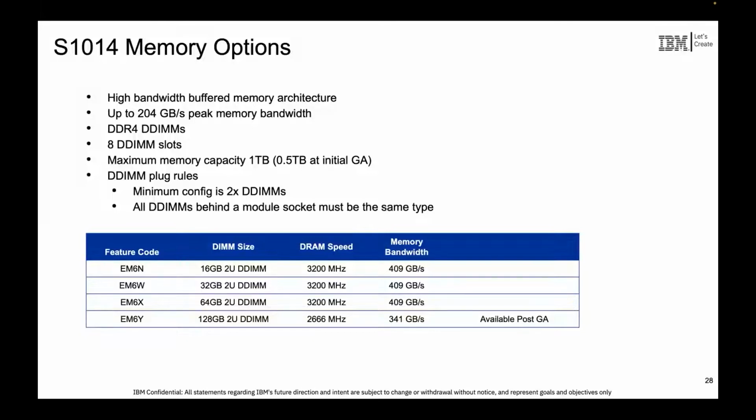And depending on what we choose, we don't have as many slots. We just have the 8 DIMM slots available. We'll want to think carefully about how we populate this guy. The dense memory, the 128 DDIMMs, are available November 18th.